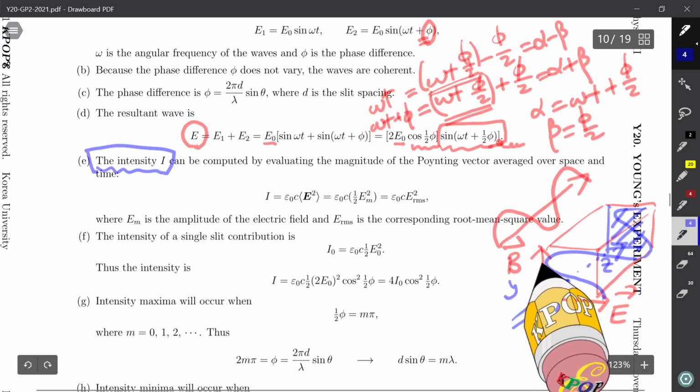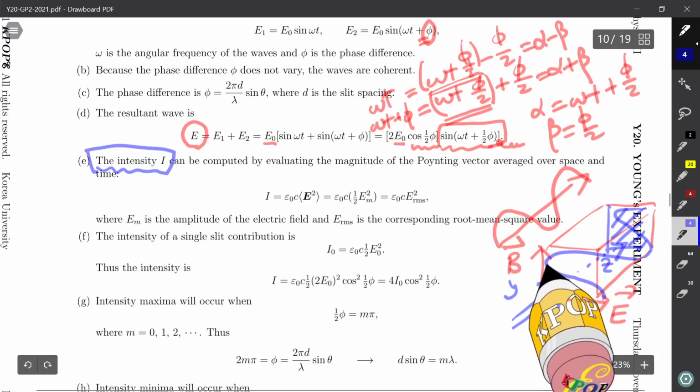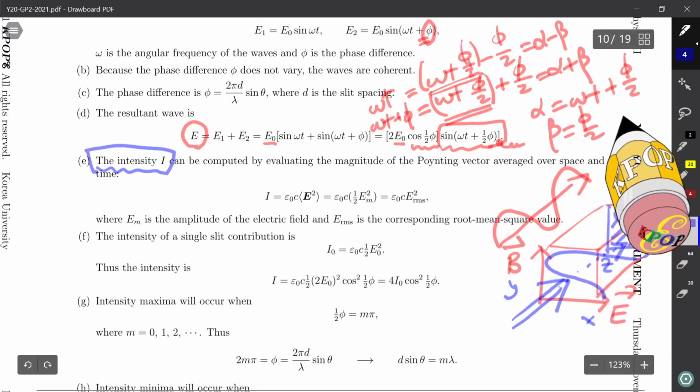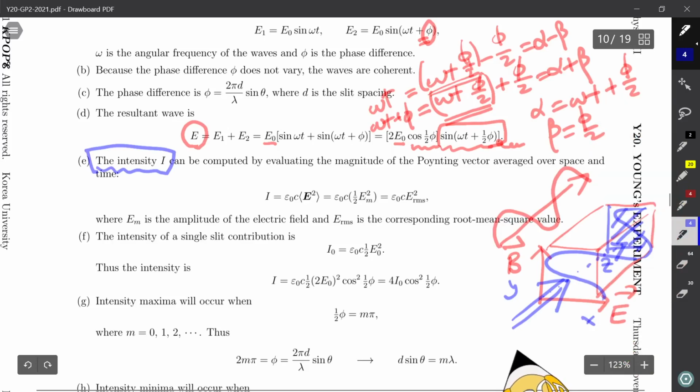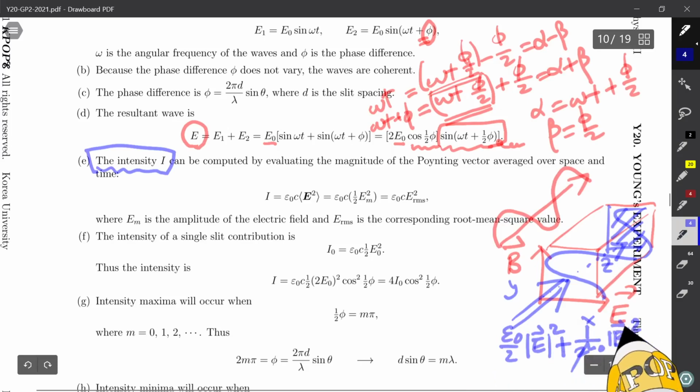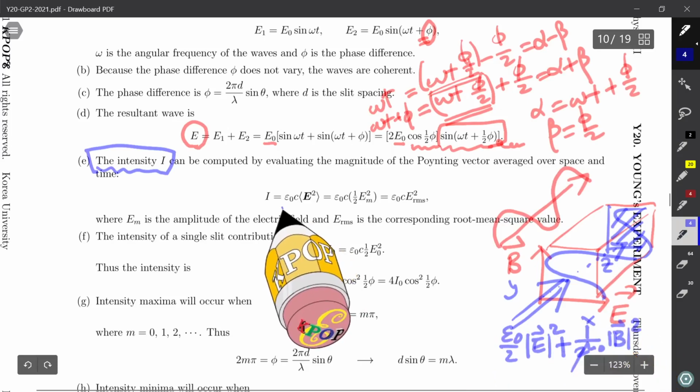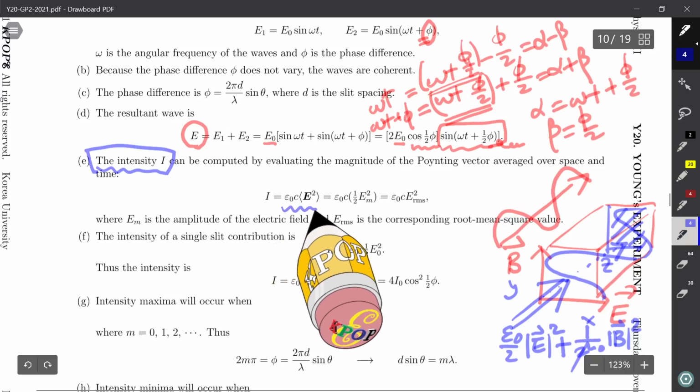And we know they are completely in phase, so when we compute the energy density, we compute the electric field energy density and the magnetic field energy density, and the sum. This is expressed in terms of this intensity.